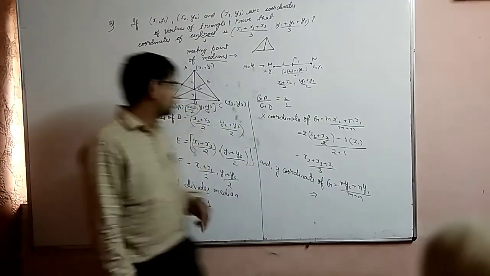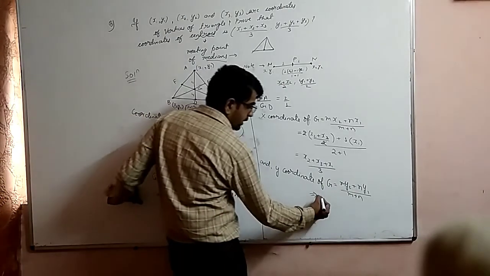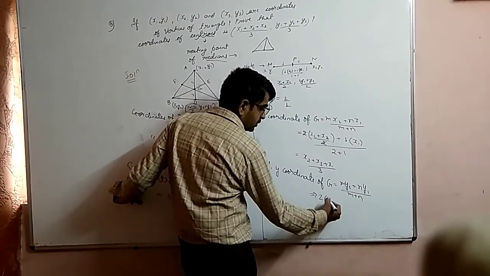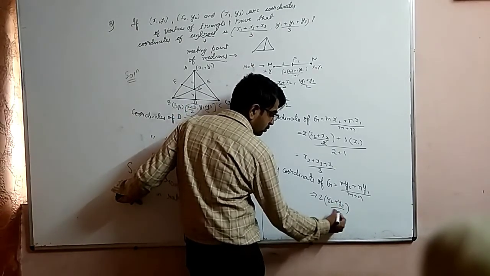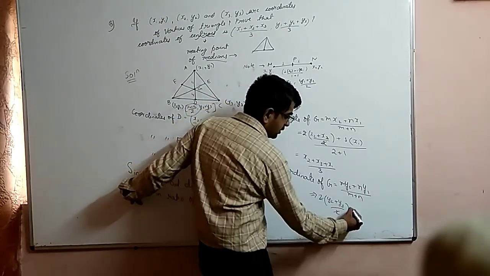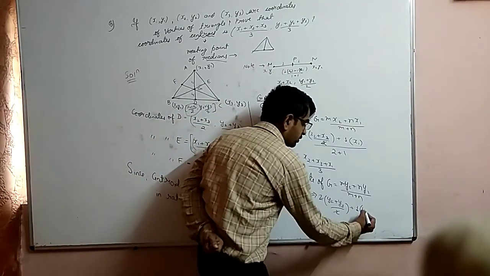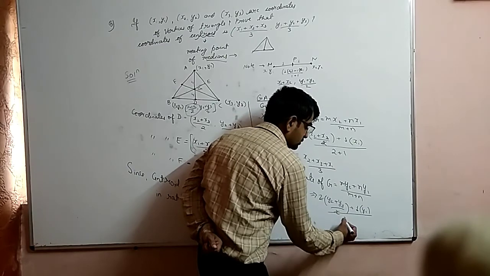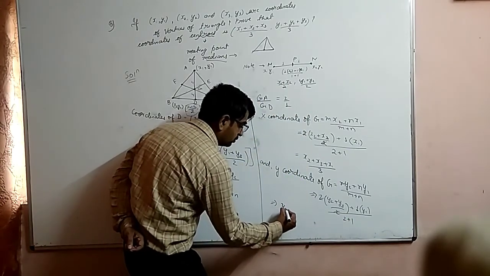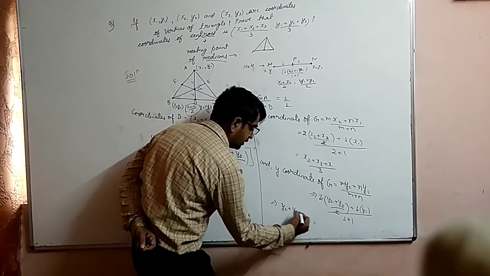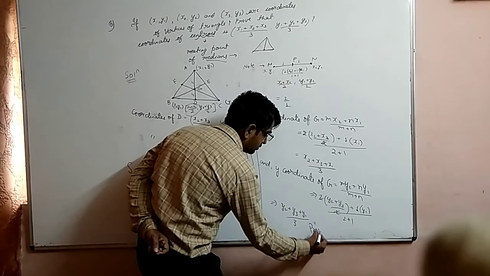Instead of y2 we write y2 plus y3 by 2, and m is 2, so the 2 gets cancelled again. n is 1 and the value of y1 is y1 only, and the denominator is 2 plus 1. So what we get is y1 plus y2 plus y3 by 3. This is all we have to do.